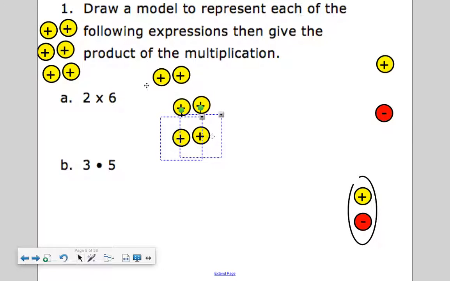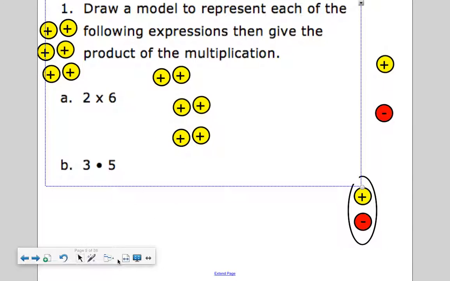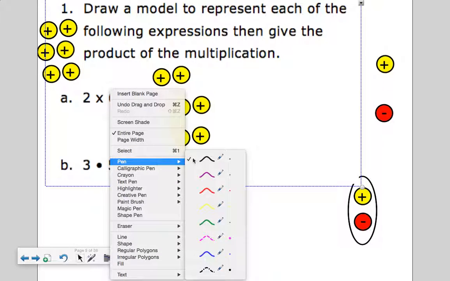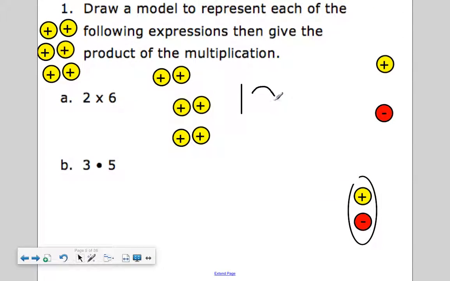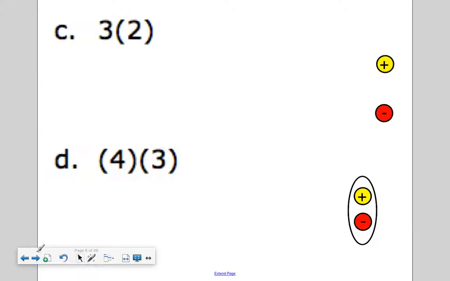And so 2 groups of 6, or 2 times 6, of course, is 12. For the next one, I'm not going to be modeling, but what is 3 times 5? 15. So the pattern is, next one, 3 groups of 2 is 6, 4 groups of 3 is 12. These all represent multiplication.